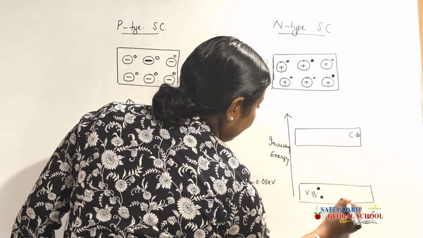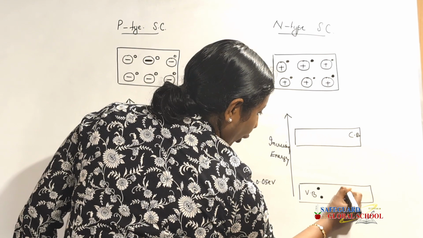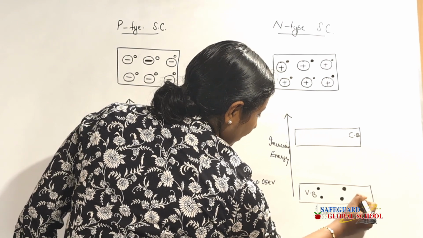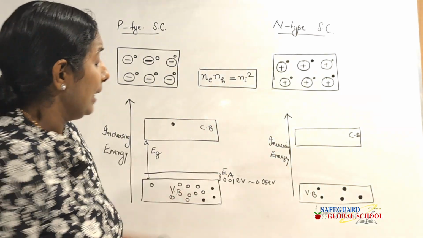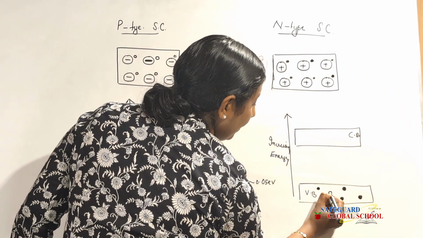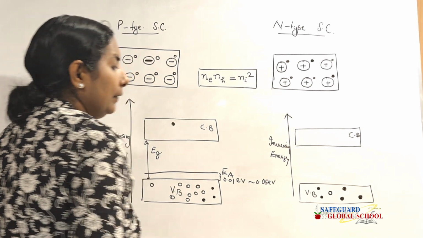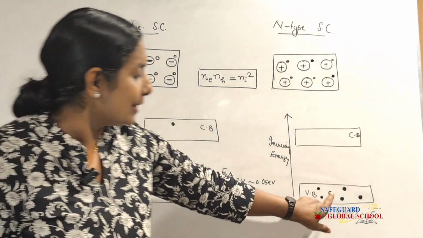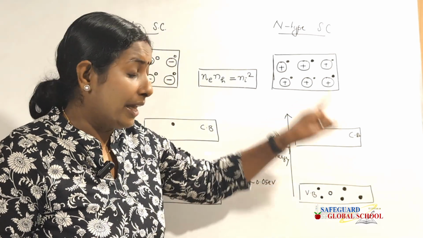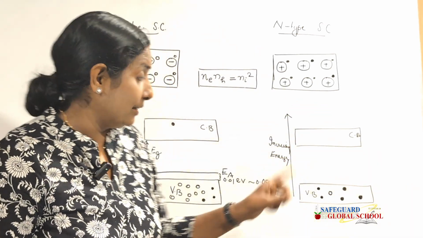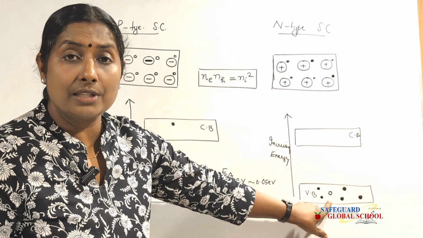So many electrons are there in the valence band, and they are not ready for conduction because they should gain some energy. There may be some holes also here, because they are intrinsically generated, thermally generated charge carriers.